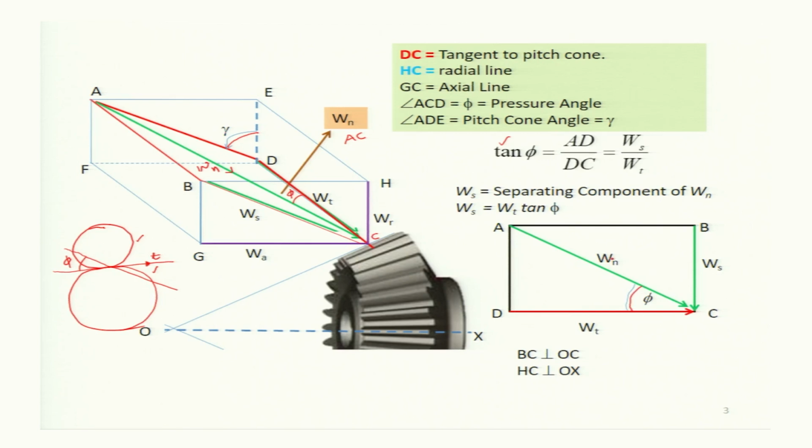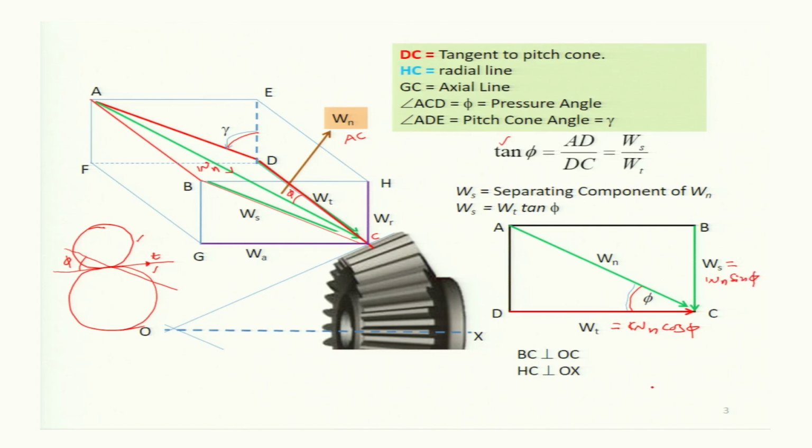So, the component of this Wn along the DC direction is Wn cos phi, and that is the transmitted load. And the component of Wn in the direction of BC is called Ws, and that will be Wn sin phi.